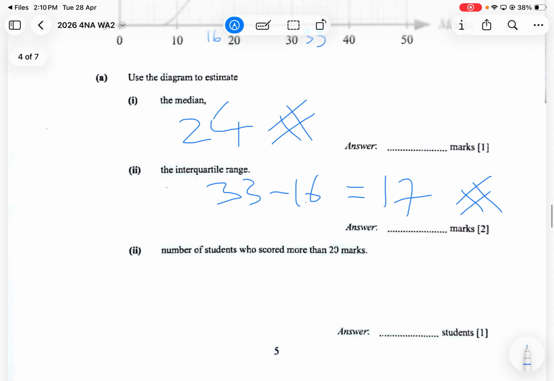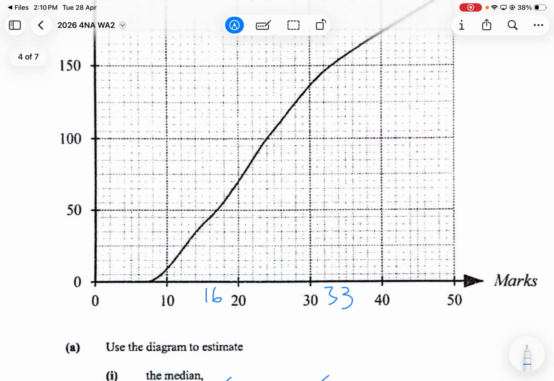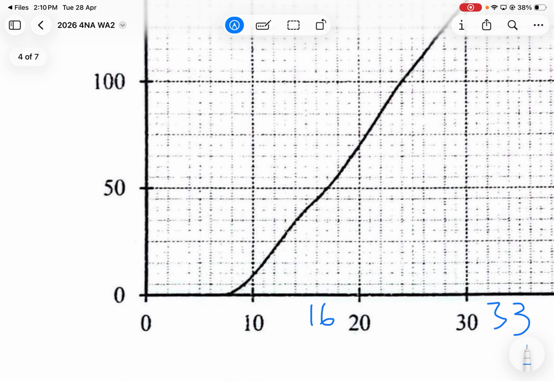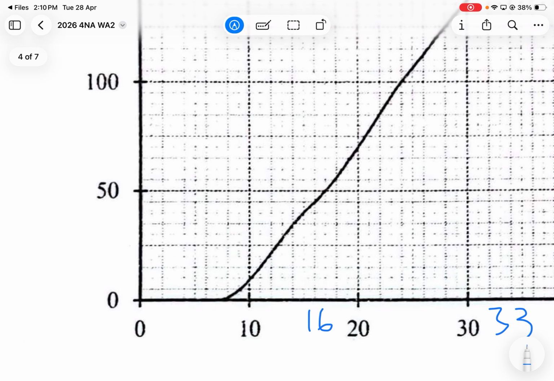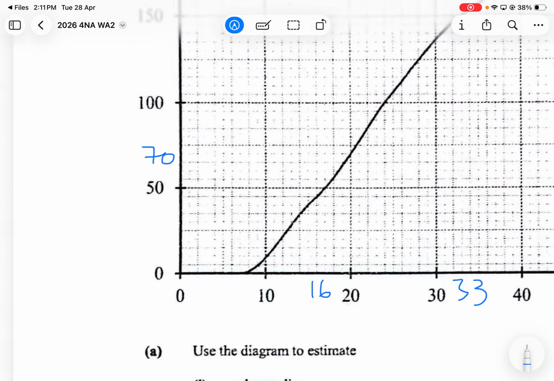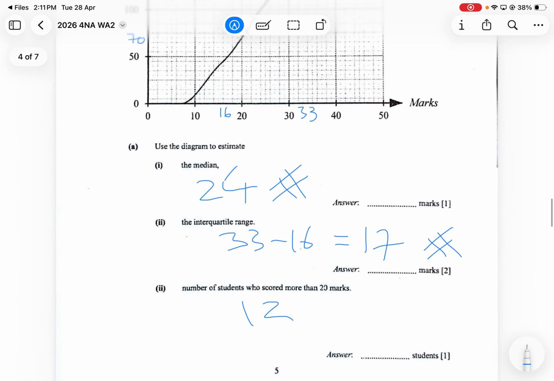Okay, following? Number of students who scored more than 20. Mark 20 is here. So from here to here, I can read how many students score below 20. 50, 60, 70. 70 students score below. Meaning, 130 score above 20.